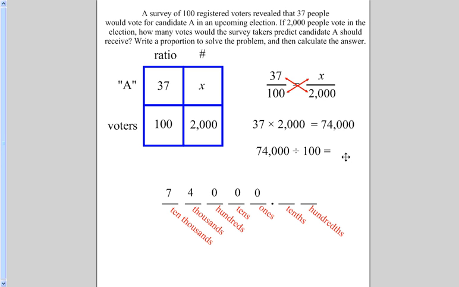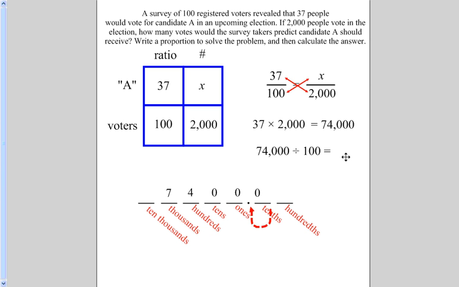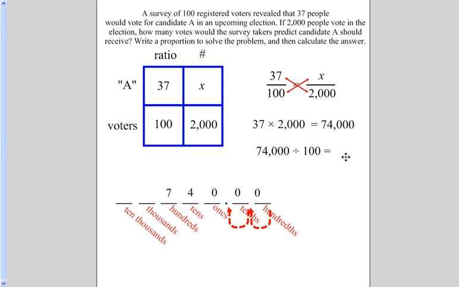If we were dividing by 10, we would be moving the decimal over one place to the left. If we're dividing by 100, we're moving the decimal over two places to the left. So what was 7 ten-thousands is now 7 hundreds. So the answer to 74,000 divided by 100 is 740.